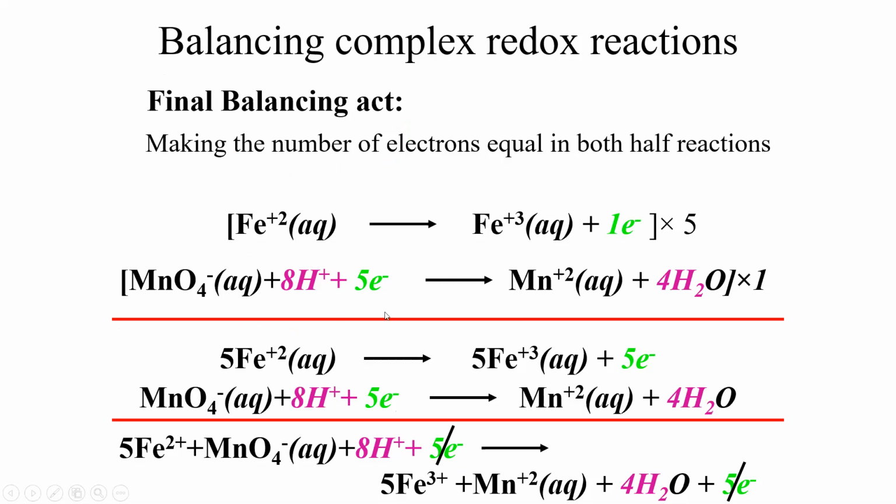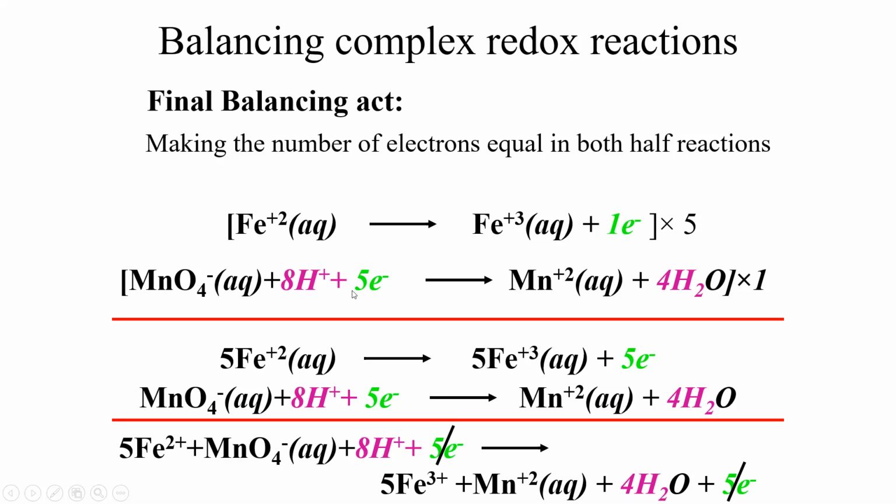So now, after balancing all the atoms, the next thing is to cancel out the electrons, because like we said, we don't want electrons to appear in our final equation. The oxidation half equation has 1 electron. The reduction half equation has 5 electrons.